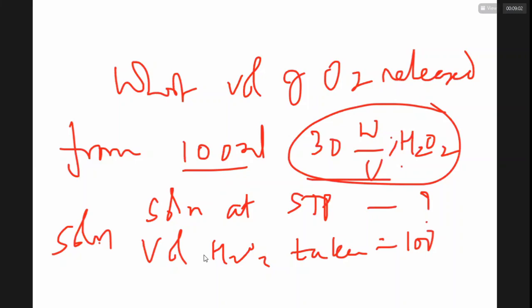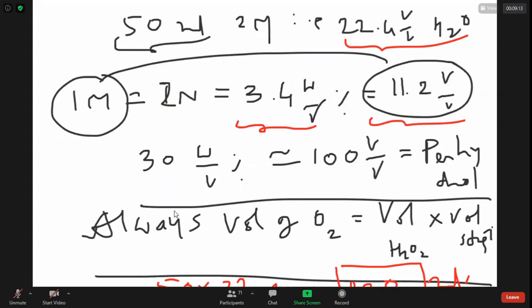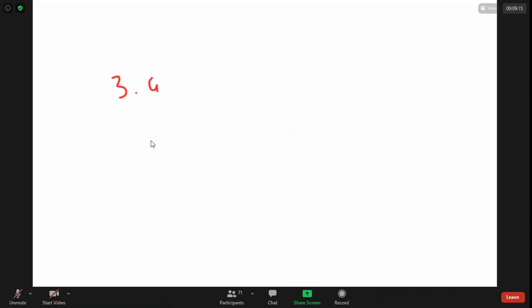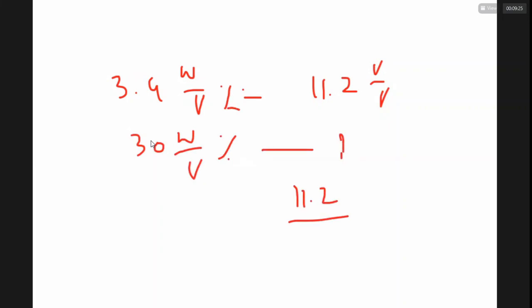I should remember the relation from the previous slide: always 3.4 W by V is equal to 11.2 V by V. So 30 W by V percentage is equal to how much? 11.2 by 3.4 into 30. This is the volume strength of H2O2.